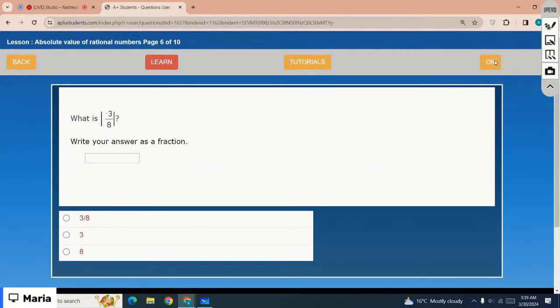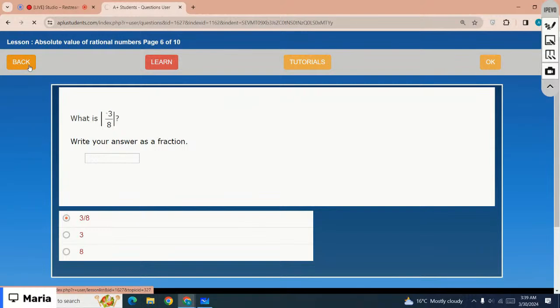What is the absolute value of negative 3 by 8? The correct option is option number 1, right? Okay, you can complete the lesson by yourself later today.